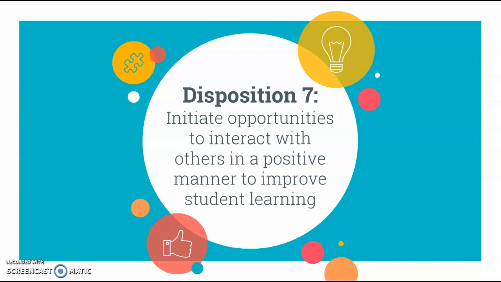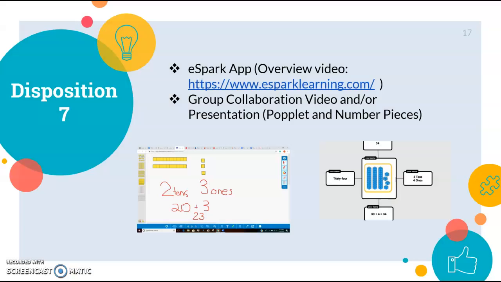Disposition 7. An example of how I'm using technology to initiate opportunities for interaction with others in a positive manner to improve student learning. By using this, we are promoting collaboration between students. At my school, we use the eSpark app, and attached you will see a link to an overview video. eSpark has students complete tasks in the area of language arts and mathematics.